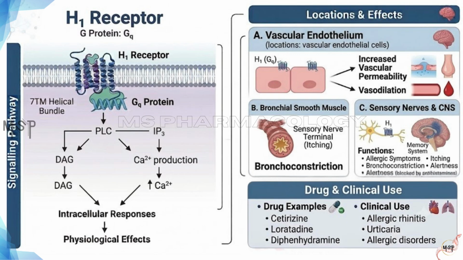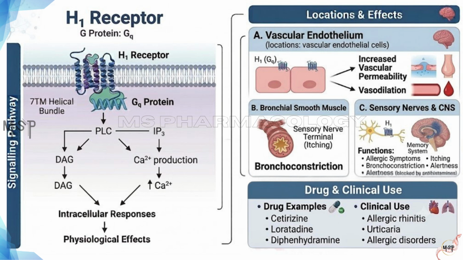H1 receptors are coupled to Gq proteins and are widely distributed in vascular endothelial cells, bronchial smooth muscle, sensory nerves, and the central nervous system. Activation of these receptors stimulates the phospholipase C pathway, leading to increased intracellular calcium levels. Functionally, H1 receptor activation produces many of the characteristic features of allergic reactions, including vasodilation, increased vascular permeability, bronchoconstriction, and itching.